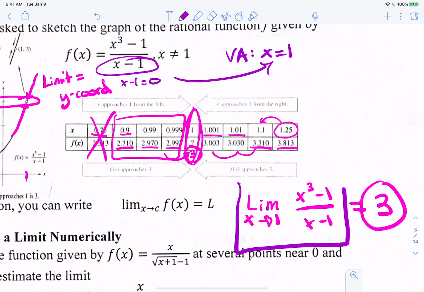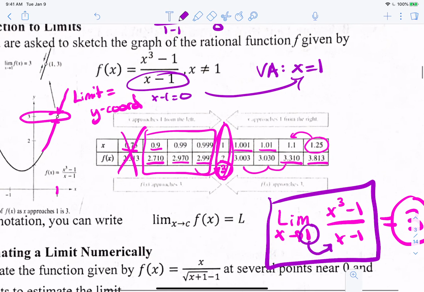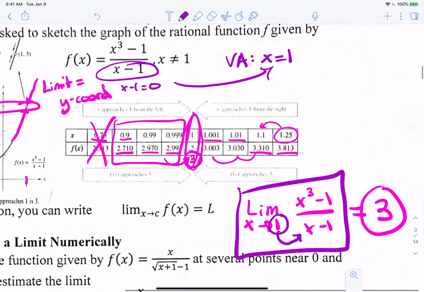They will say, evaluate the limit as x approaches 1 of this function. Now, looking at this again, we cannot physically plug 1 into this function because we'll end up dividing by 0. But if I look at the graph of it, or look at the table, it's pinching in toward a value of 3. So the answer to that question is 3.